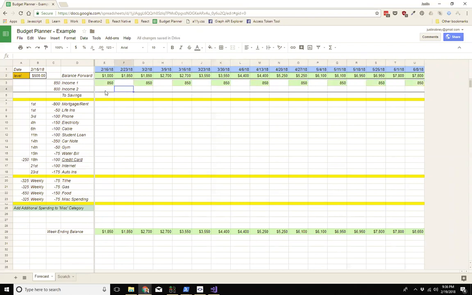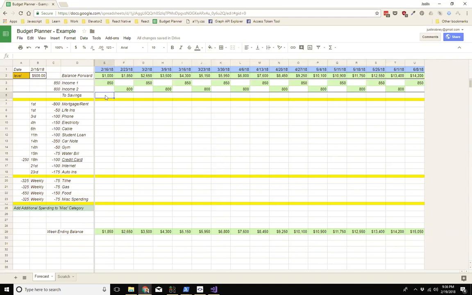And person B is going to receive $800, again, bi-weekly on alternating weeks. You'll notice as I'm putting that income in, the balance is calculating down here at the bottom of our week, and then it's what should be in our checking account at the beginning of the next payday, assuming we stuck to our budget. And likewise, the income comes in, it sums up, and carries over.